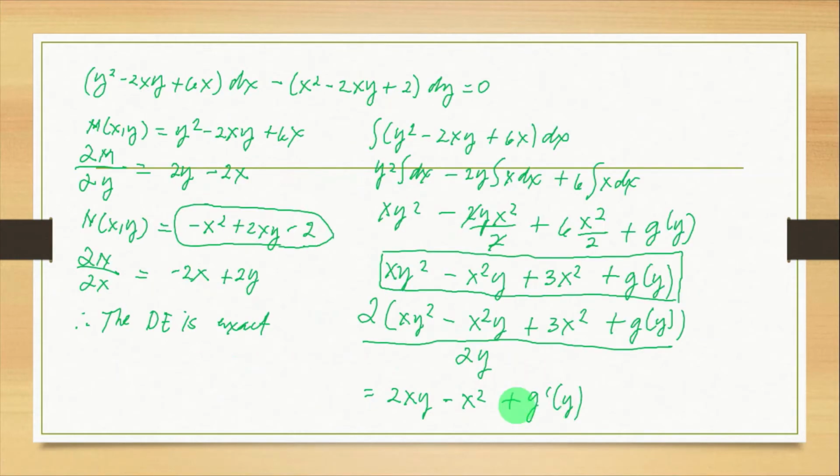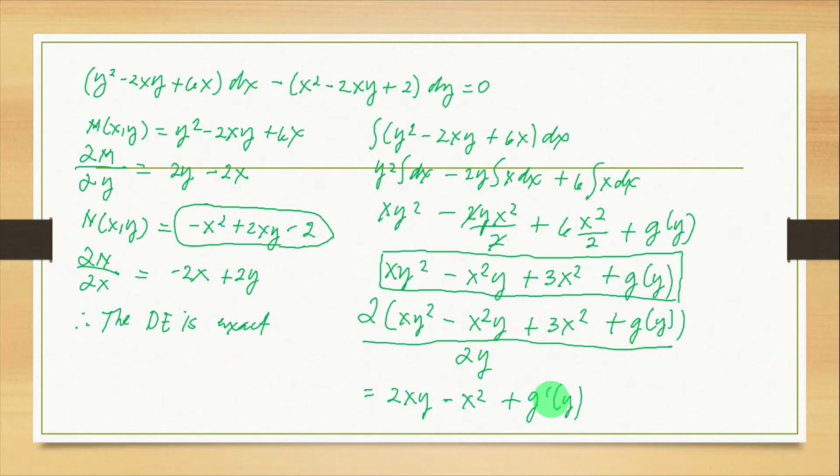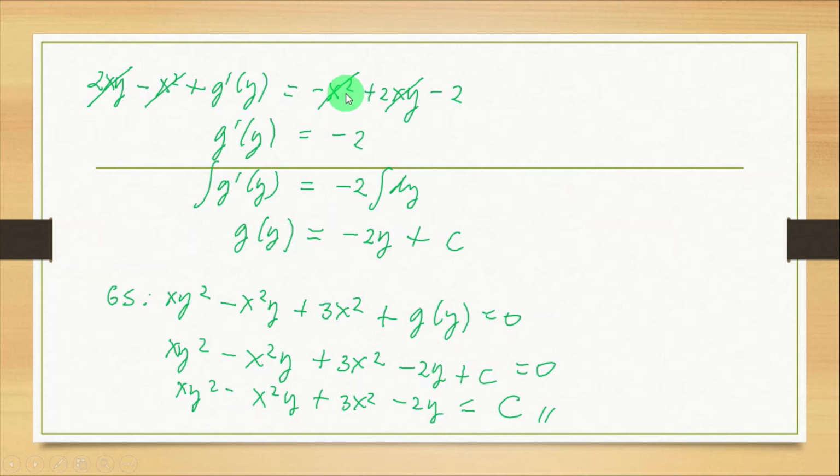Next, we're going to equate the result, that is 2xy minus x squared plus g prime of y, to your N of x and y. And if you notice here in our equation, there is negative 1 outside the parentheses. You need to distribute first the negative symbol inside the parentheses. So you'll be having negative x squared plus 2xy plus 2.